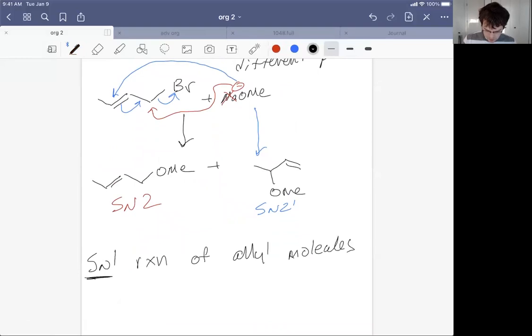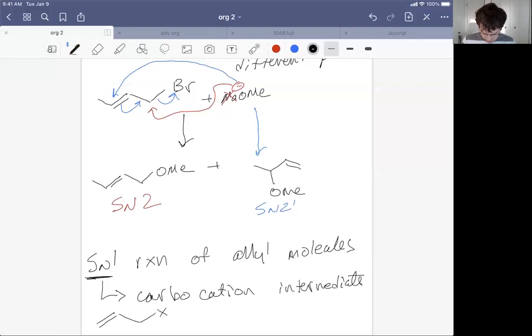So Sn1, whenever we hear that, we want to think about a carbocation intermediate. And so for us, we're going to have allyl with some leaving group, and we're going to let this leaving group simply walk away, taking its electrons with it to leave behind a positive charge at the allyl carbon.